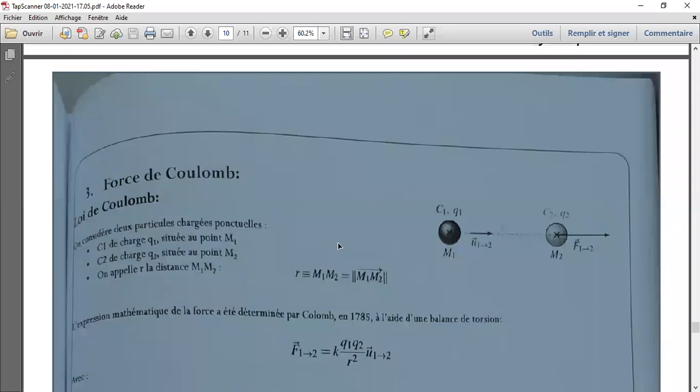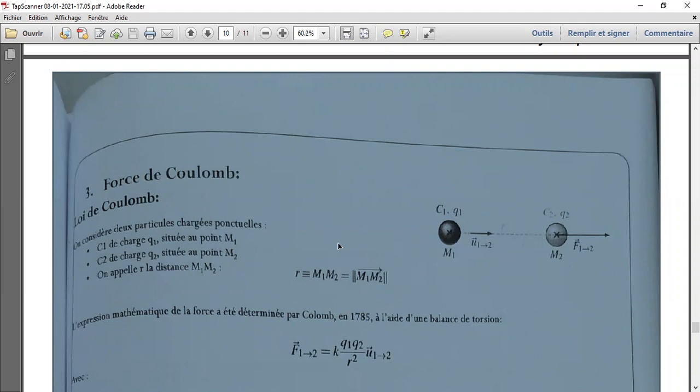When we talk about force here, we're going to talk about how one charged particle acts on another charged particle, and what the effect of one charged particle acting on another will be. So we are going to talk about the Coulomb force.